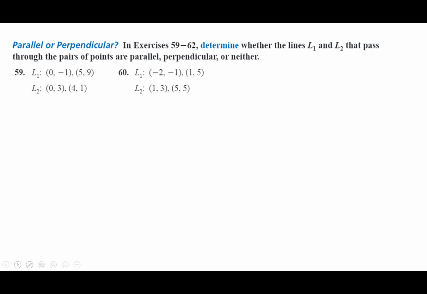Okay, in these two examples, it asks to determine whether the lines that pass through these pairs of points are parallel, perpendicular, or neither. When you're given just the ordered pairs, you need to find the slope of both of these lines and then compare those two slopes. You need to remember the slope formula, which is y2 minus y1 over x2 minus x1.